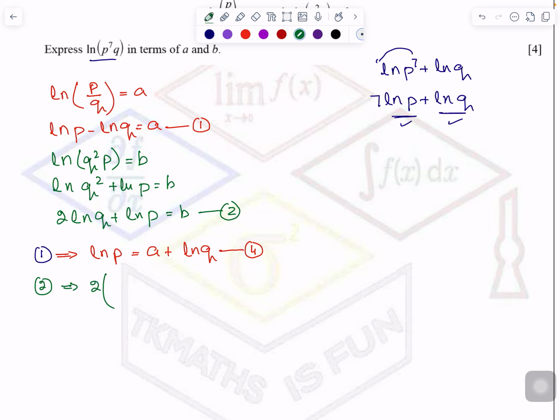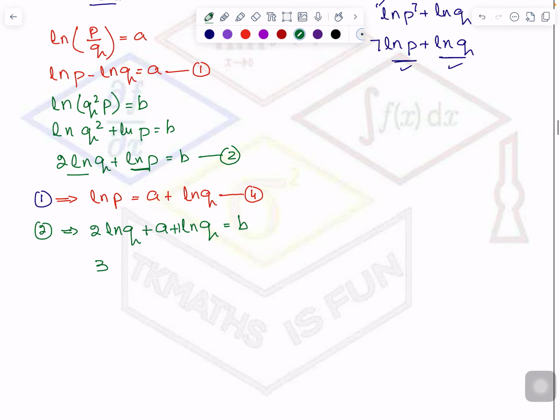So it will become 2 ln q, I'm substituting here, plus a plus ln q equals b. Okay, so this will become 3 ln q, because when there is no coefficient it is 1, you know that. 3 ln q equals b minus a. So ln q equals b minus a upon 3.